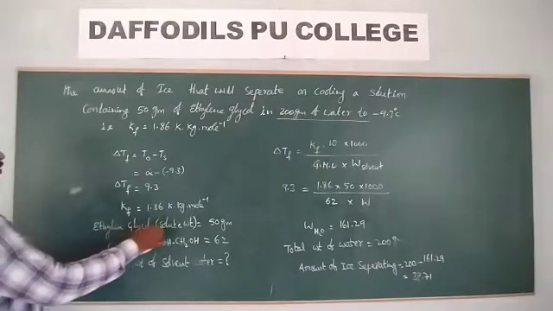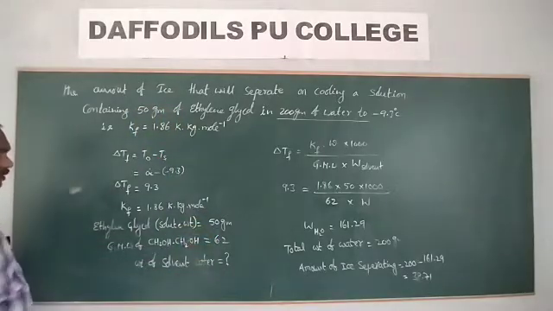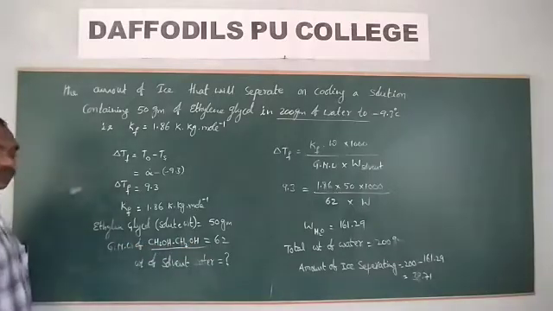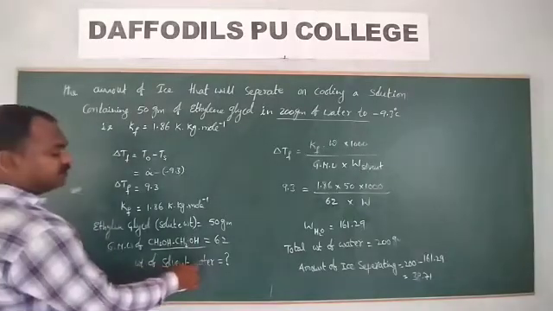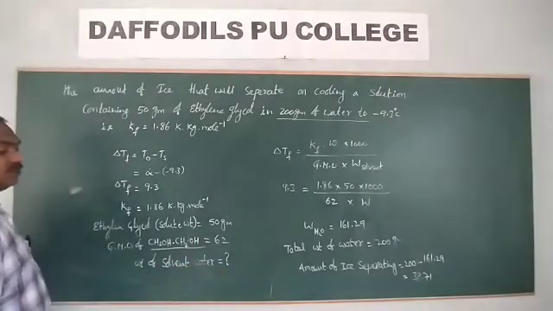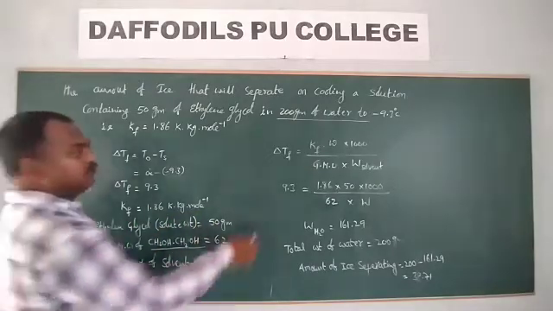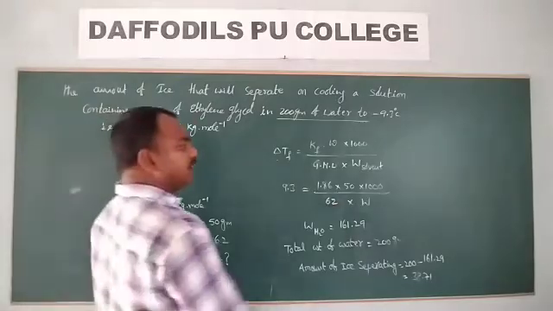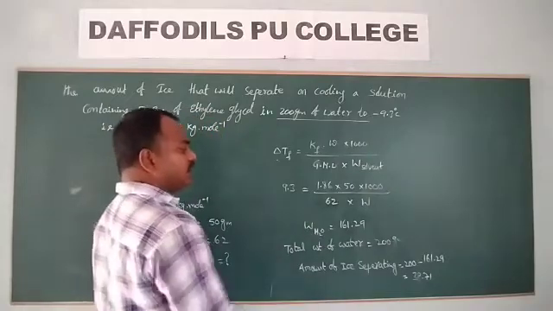Kf of water is given as 1.86 Kelvin kg mole inverse. Ethylene glycol is the solute. Its weight is given in the problem and it is 50 grams. Gram molecular weight of ethylene glycol, C2H6O2, is 62. Delta Tf is equal to Kf into weight of solute by gram molecular weight of solute into 1000 by weight of the solvent.